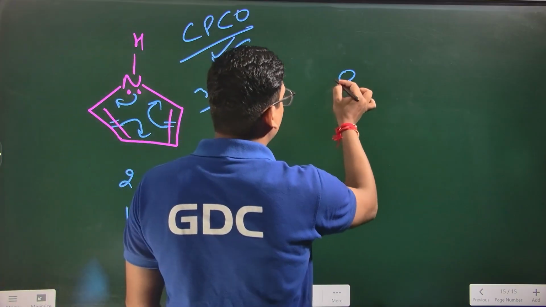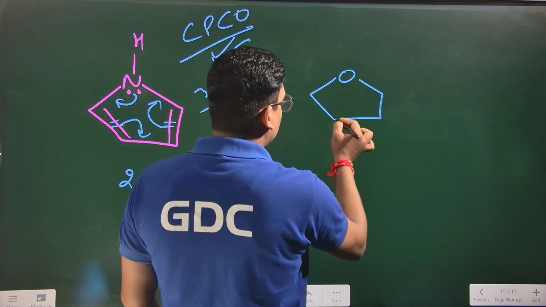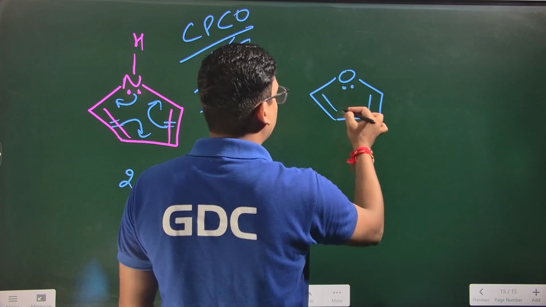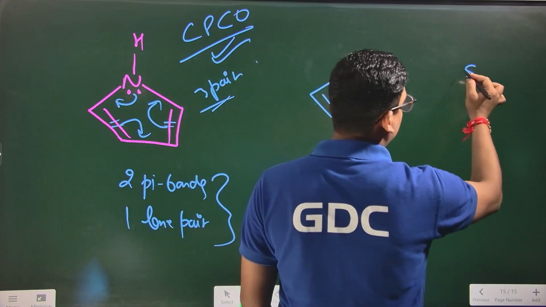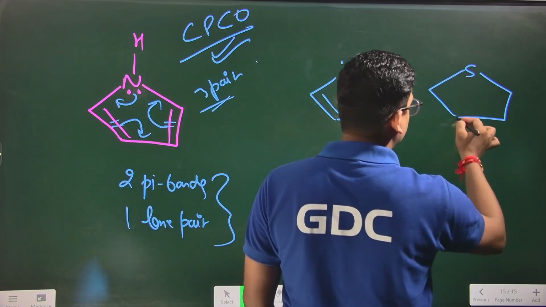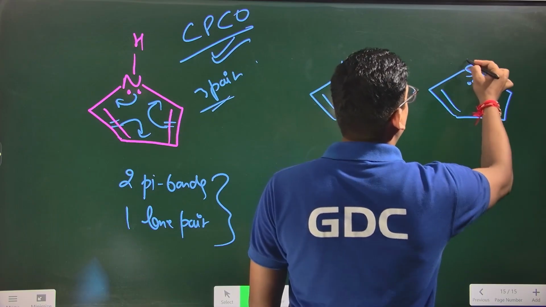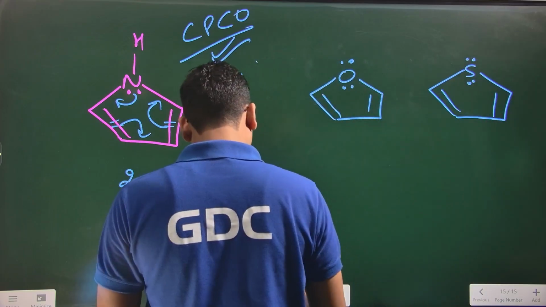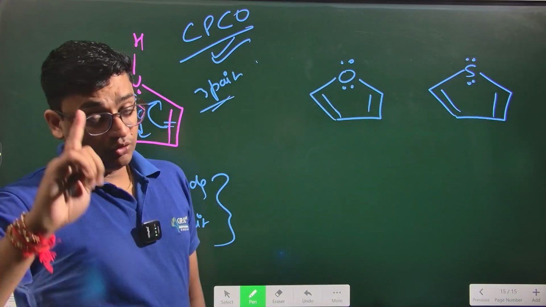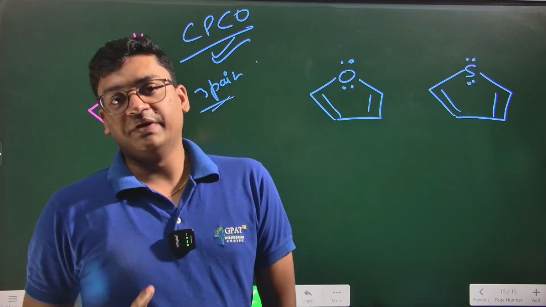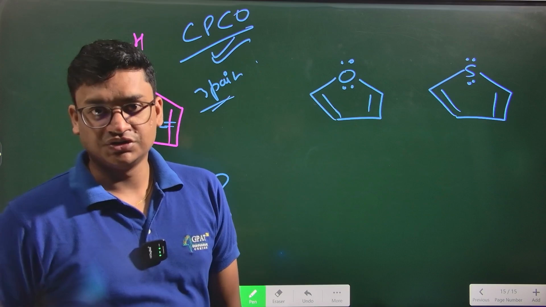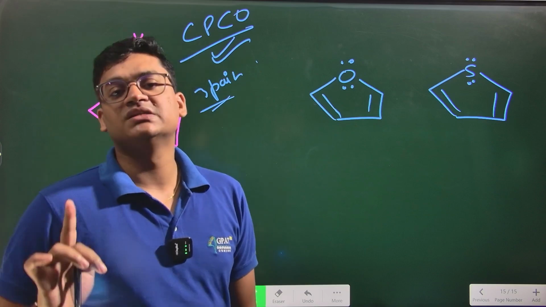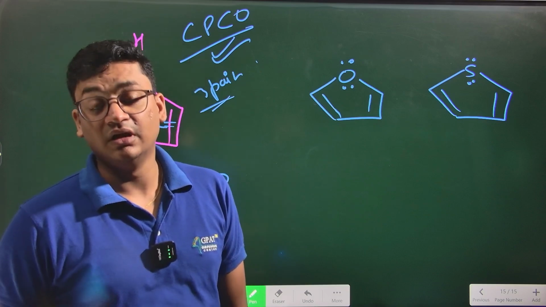Now for the case of furan and thiophene, we know we are having 2 electron pairs in the form of lone pairs. But always remember, only one of the lone pairs will be in conjugation with the ring, the other won't be in conjugation. The conjugation exists only with a single species in an atom.